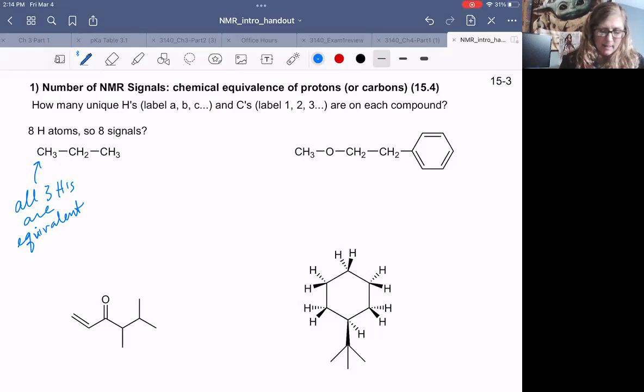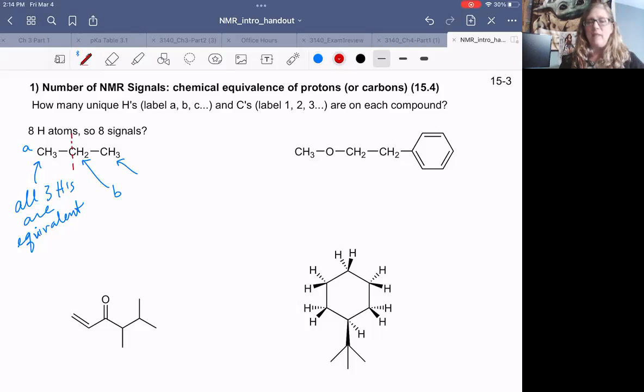Okay, and so we can call these type A. Let's call these type A protons. Well, how about this CH2? This CH2 is going to be a unique environment compared to the CH3. So these we will be able to distinguish and will be different. So we can call that type B. But when we come back to this last methyl group, this other CH3, hopefully you can see that this has a plane of symmetry here.